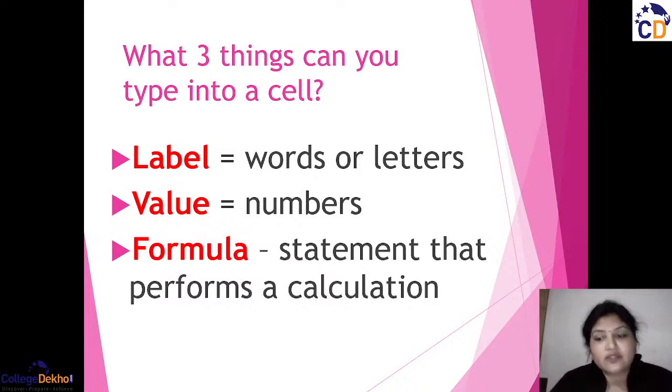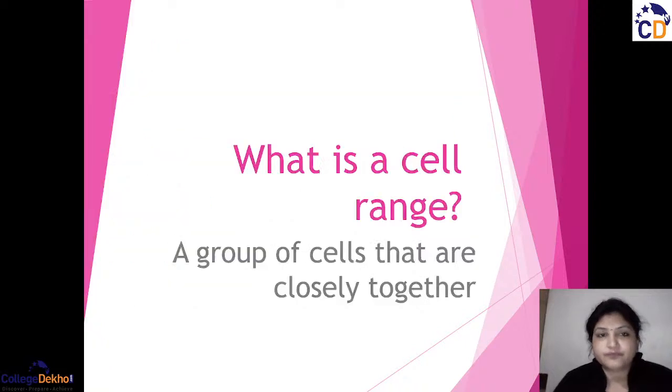So you just need to type the address of that particular cell for which you are going to use the formula, right? Then what is a cell range? A group of cells that are closely together. So once we complete this part, then I'm going to show all these functions, all these concepts practically also, right?